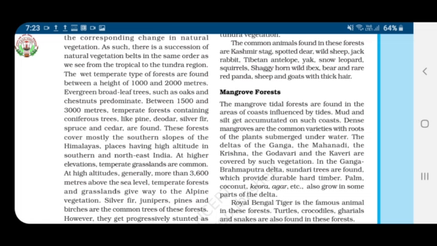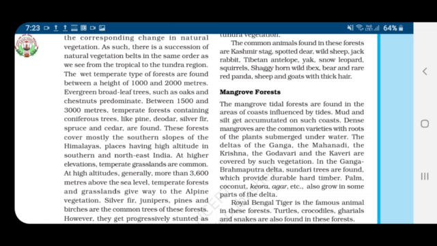Now, temperate grasslands are common at higher elevations. Temperate forests and grassland give way to the alpine vegetation at high altitudes, generally more than 3600 meters above sea level.